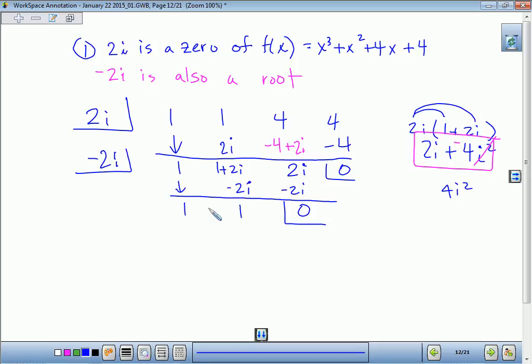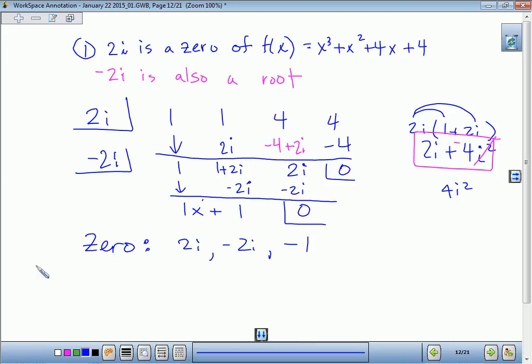Okay. So, 1, 0 was 2i. The other one was negative 2i. And if my last factor is this, what's my last 0? Negative 1. So my zeros are 2i, negative 2i, and negative 1.